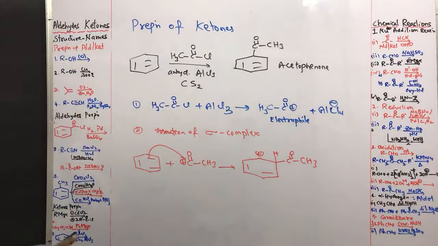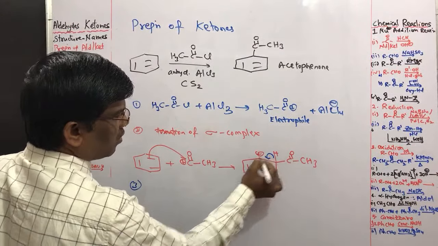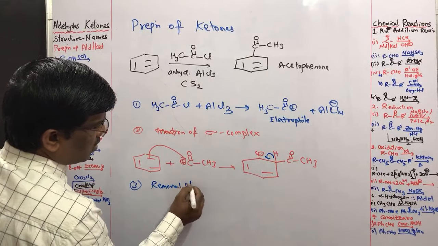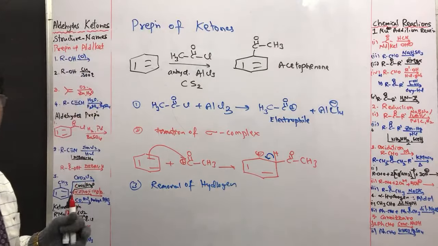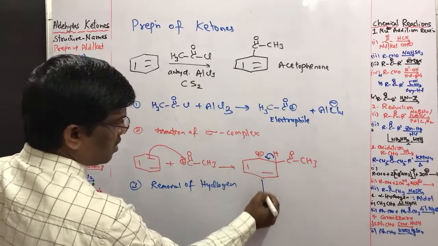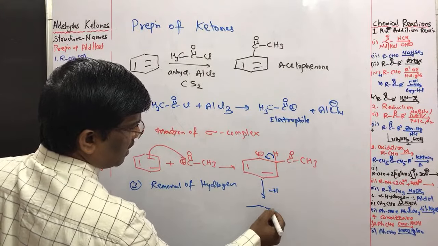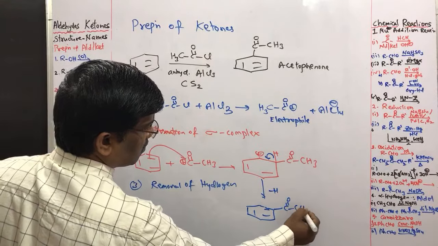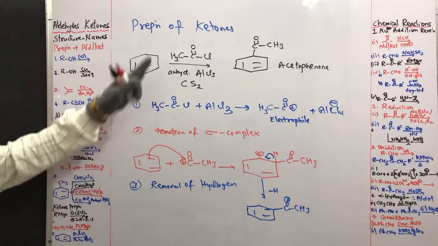So in the third step it is going to lose hydrogen, removal of hydrogen. This is common to all aromatic electrophilic substitution reactions, these steps. So removal of hydrogen, you are going to get acetophenone. This is how you can prepare ketones.